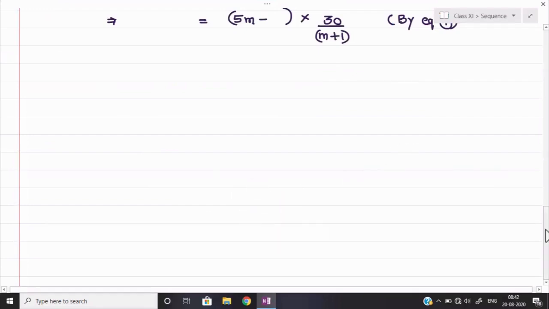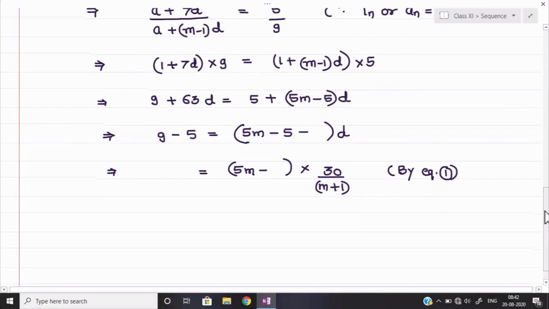Okay, fine. So see, here 9 minus 5 is becoming here as 4, we can say, and here 63 will go on that side, so remaining here 63, and 63 and 5 will become here 68.